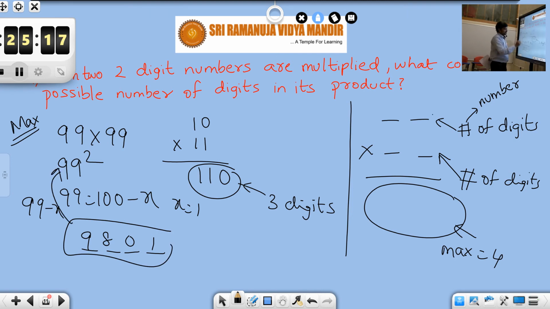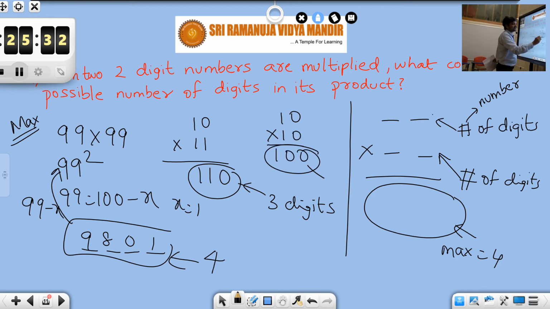So this is the maximum product of any two two-digit numbers, right? 9801. So how many digits do we have? 4. And if we look at the minimum, it would be 10 into 10. We'll be getting 100, and so the minimum number of digits is 3.